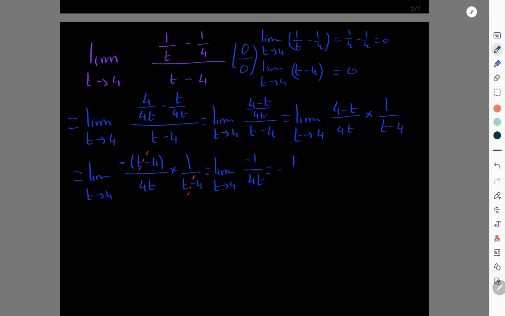And this limit can be evaluated by just plugging in, which is minus 1 over 16. The idea here is that we need to cancel the indeterminate, we need to get rid of the indeterminate form. This is the main idea when we get a 0 over 0.